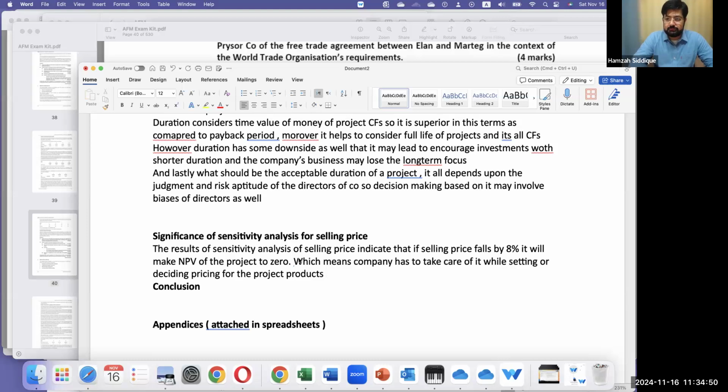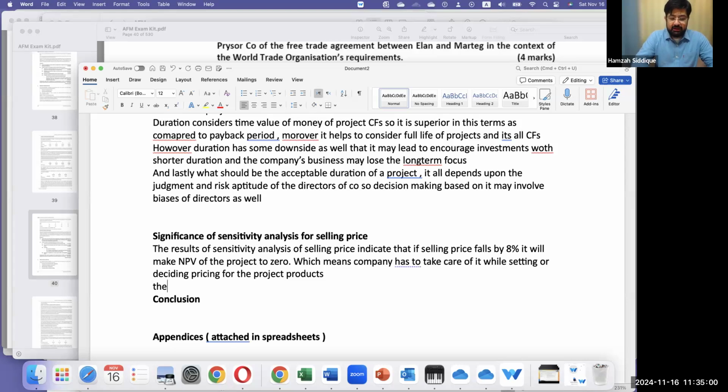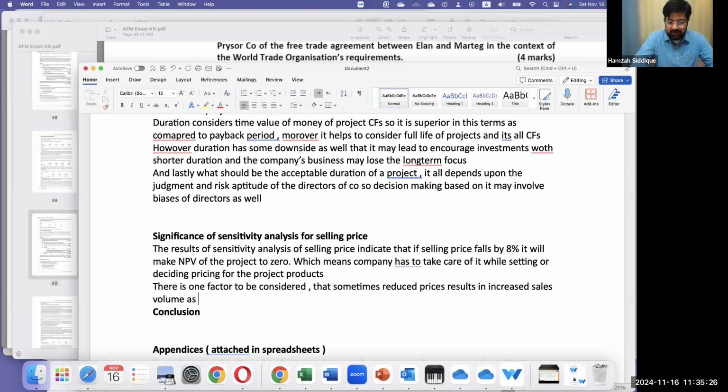Now, there is one factor to be considered, however, that sometimes reduced prices results in increased sales volume as well.